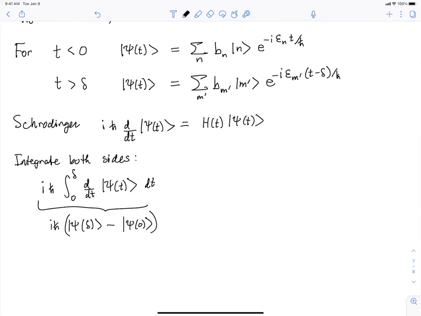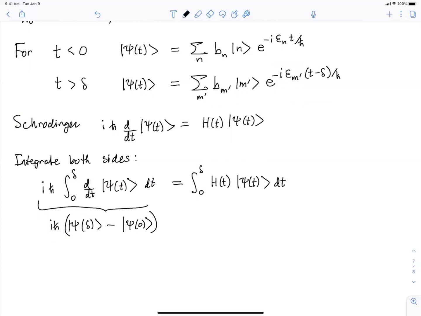And so what we're going to do is match those up to the expressions that we have here. On the right-hand side of Schrodinger's equation, once we integrate it, we've got a term that looks like this, the integral of h of t psi of t dt.